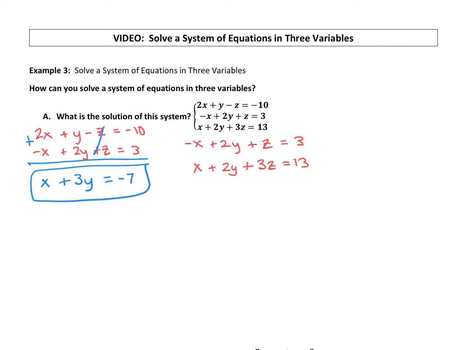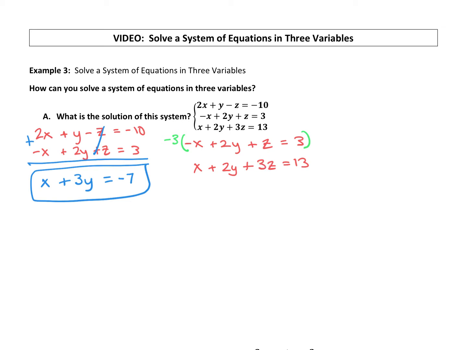I want an equation with just an x and a y. Right now, the z's do not eliminate. Z plus 3z is 4z. But we can make that elimination happen if we multiply this top equation by a negative 3, and we're allowed to do that as long as we multiply every single term by a negative 3. That's going to get us a negative 3z, which will cancel with that 3z.